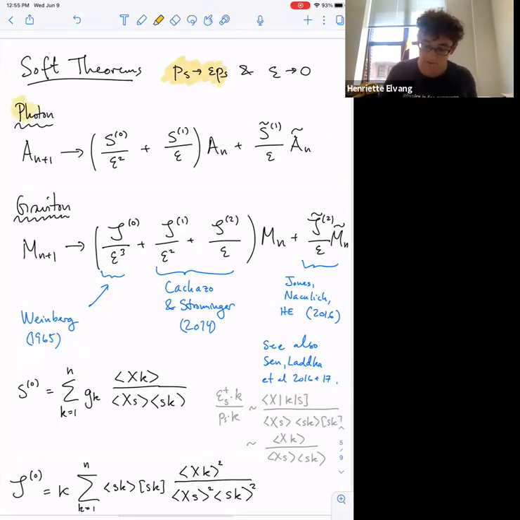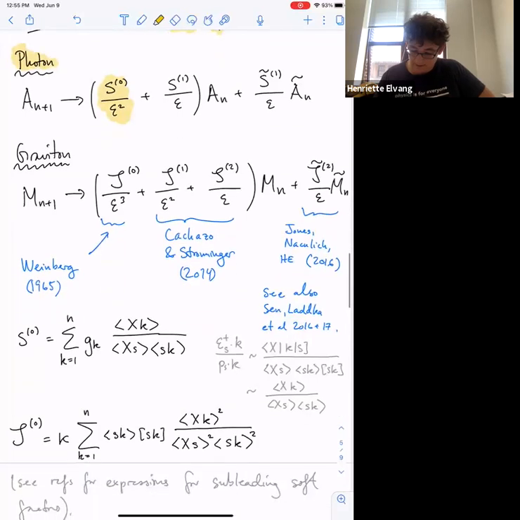And we talked about photons already. And there are soft theorems that say that amplitudes with photons behave in a universal way when a photon is taken soft. In particular, it has that 1 over epsilon squared divergence that I just showed you for gluons that sits in the photon too. And that soft photon factor, that S0 that I denoted here, in spinor helicity language, takes this form here.